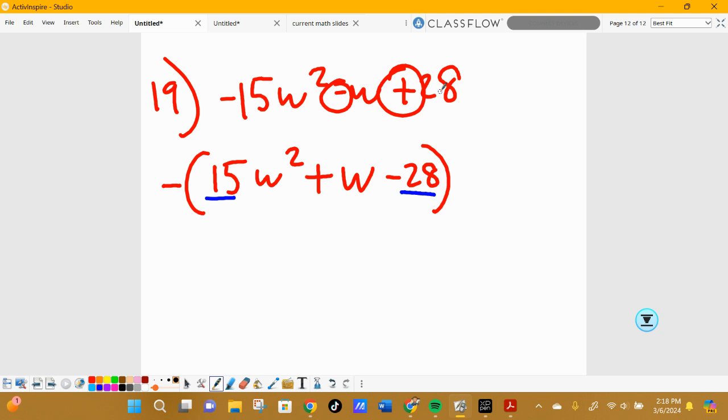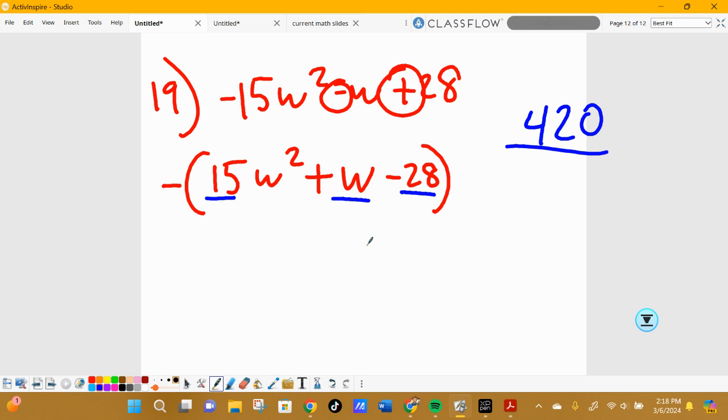So 15 times 28, you get a massive number. Calculators are always fair game because sometimes big numbers. So 420. I need to find factors of 420 that when I combine them, it equals 1 because I have 1w. Obviously 15 and 28 will not give me 1.